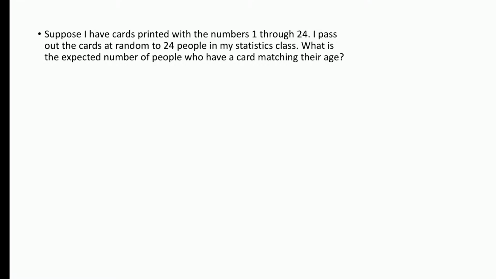So let's think about them as individuals. I'm going to number them 1 through 24, and then I will name some random variables, x sub i. So bear in mind, we've numbered the people 1 through 24, and x sub i is going to equal 1 if person i has the card that matches his or her age, and it's 0 otherwise.